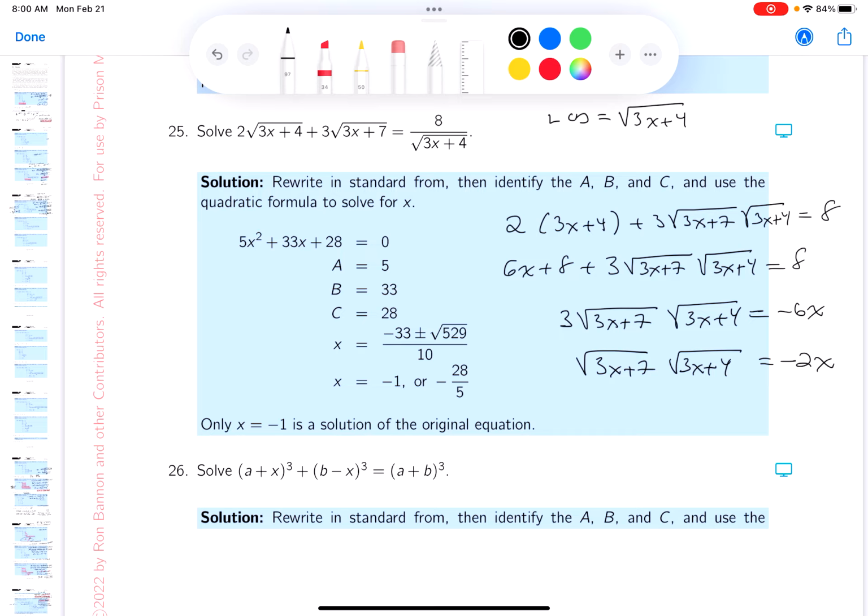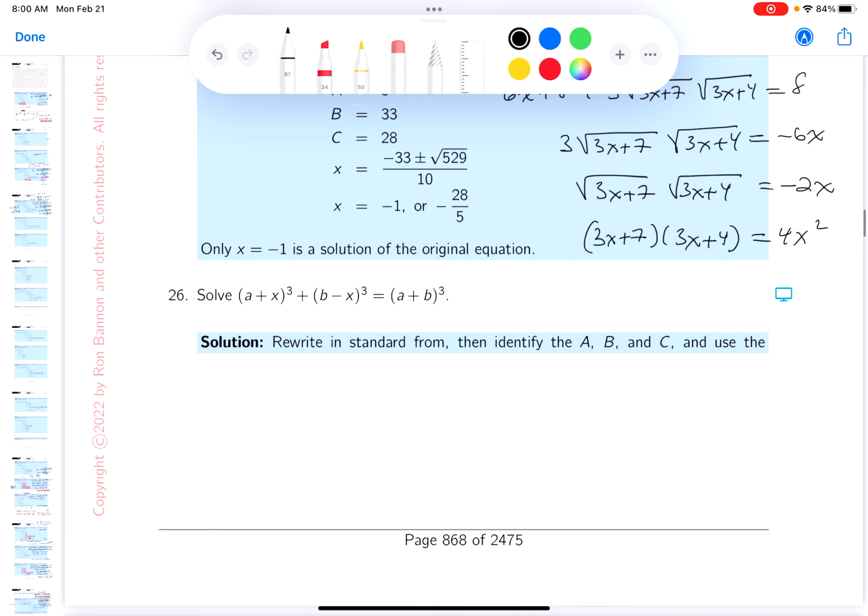So what am I going to do now? I'm going to square both sides, all right? And what do you get there? You get (3x plus 7)(3x plus 4) equals 4x squared. I've got to keep working on that, which is always a problem because it keeps moving forward, by the way. And what do you get there? 9x squared plus, well, it's going to give you 12, right? 3x times 4 is 12x, 7 times 3x is 21x, that's 33x.